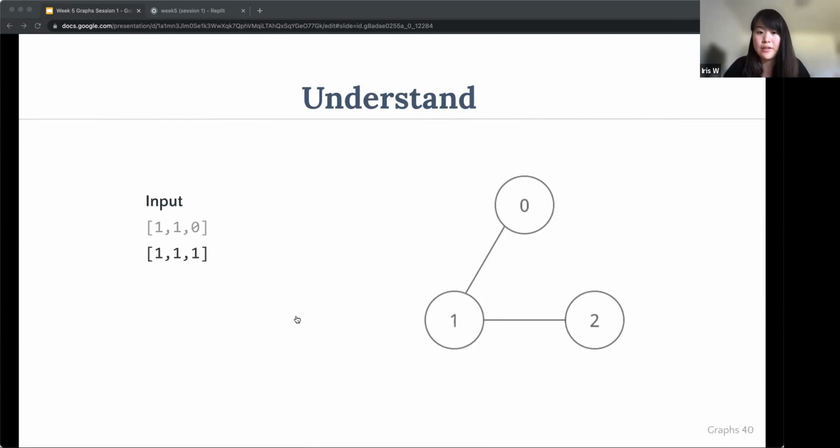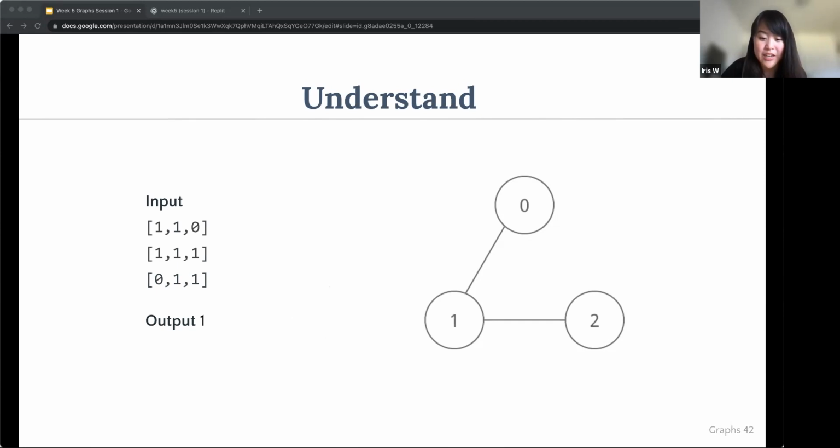So city 1 is connected to 0 and connected to 2, so it's set to a row of 1s. And then city 2 is only connected to city 1 and itself. So that's why the columns corresponding to index 1 and index 2 are set to 1s. And the output of this example would be a 1. So I will generally store this as a test case that I want to use later.